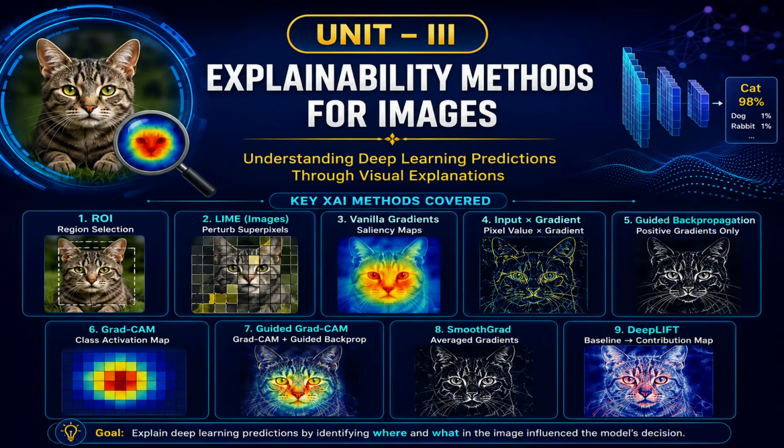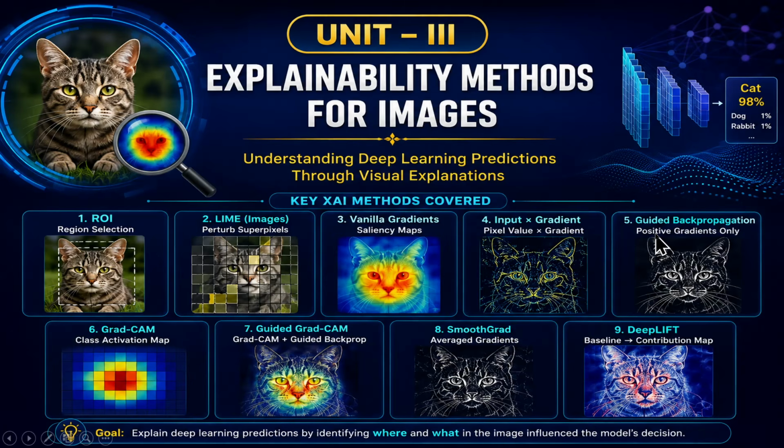Whereas here, the output itself is a visual image, and our input is also an image. The output of vanilla gradients is a saliency map highlighting some of the regions. This is also some kind of edges, contours, and lines will be drawn here as an output.